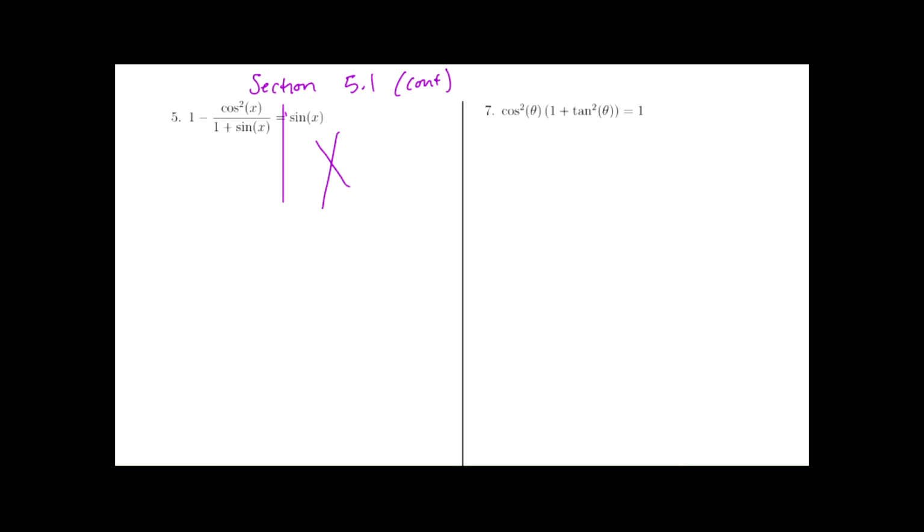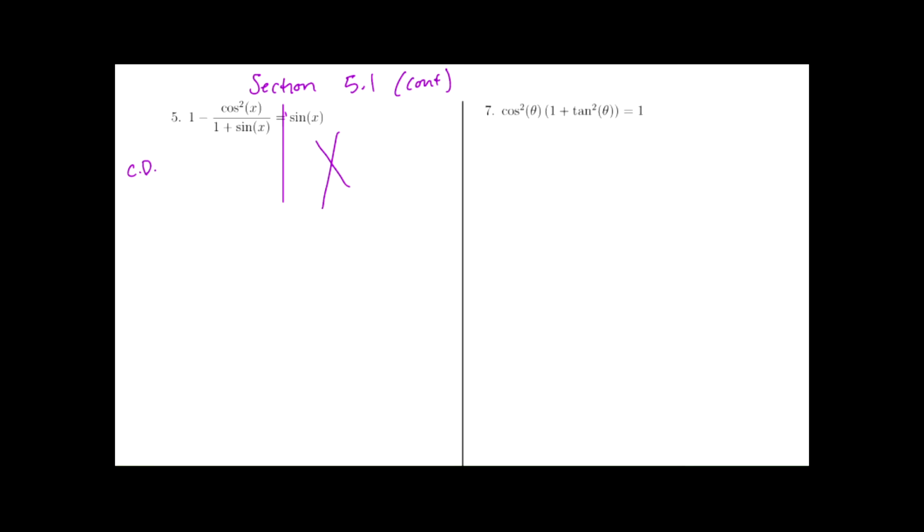What I'm going to do first, because this is just one piece, and on this side I have 2 pieces, is make this be one piece. I'm going to find a common denominator, and that's going to be 1 plus sine x.